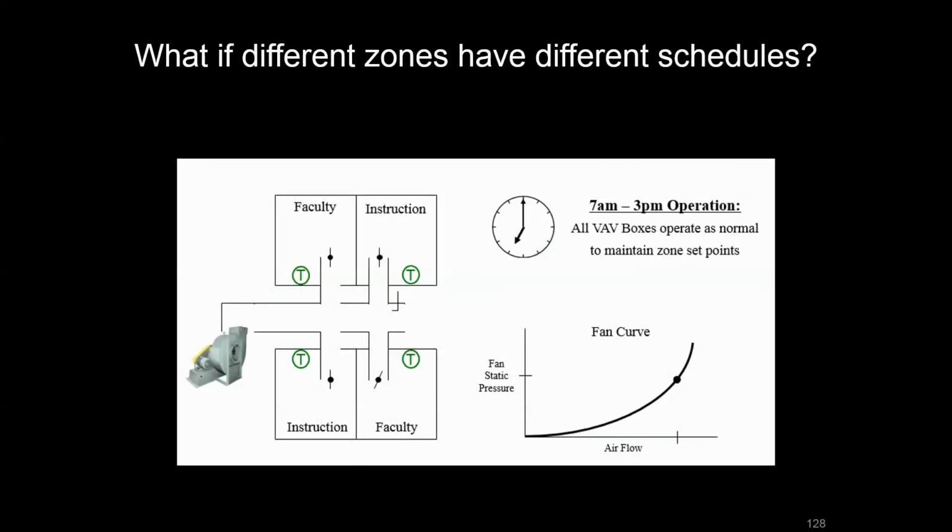And this can extend to a couple different applications. So let's say that we have dissimilar spaces that have different schedules in our building. So we might call this opportunity zone scheduling.